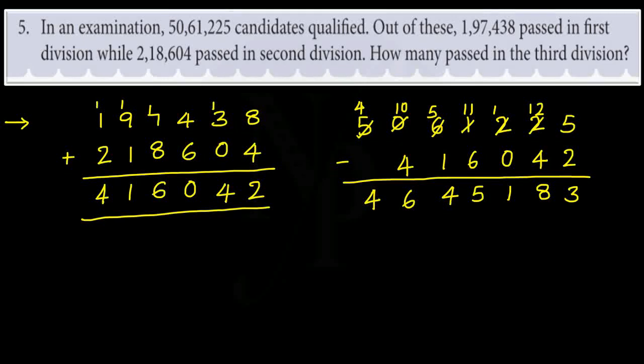Therefore, the number of students passed in third division was 46,45,183.